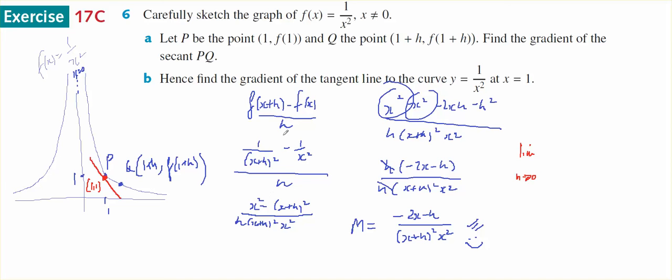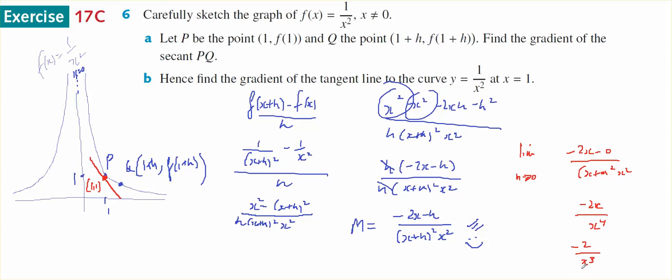So if I limit h to 0, I'm going to have (-2x - 0)/((x + 0)²x²), which is -2x over x⁴, which is -2/x³.